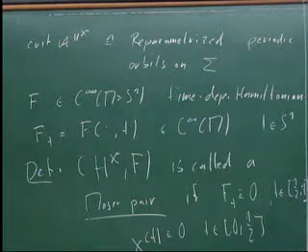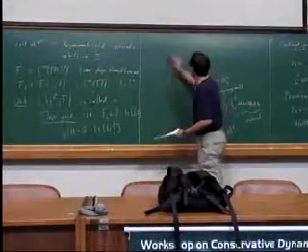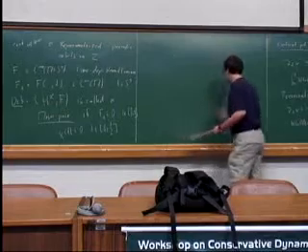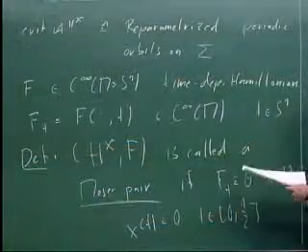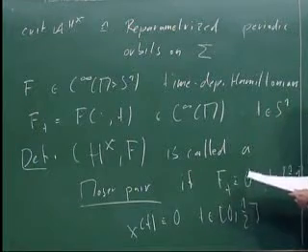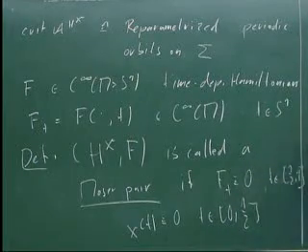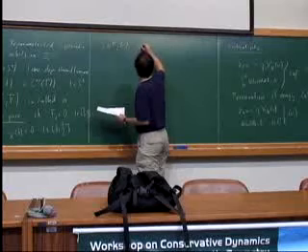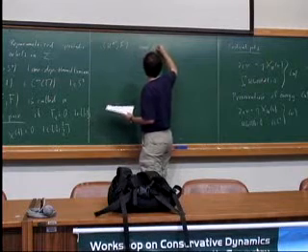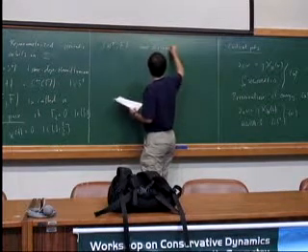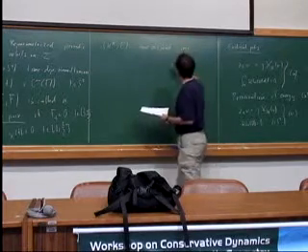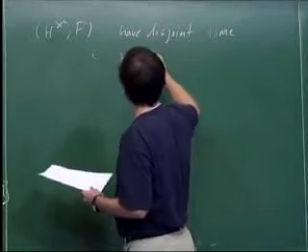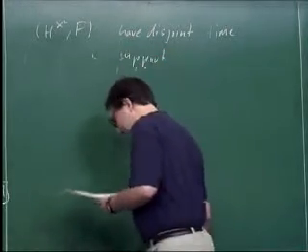So we have that h and f have different time support. h and f have disjoint time support.